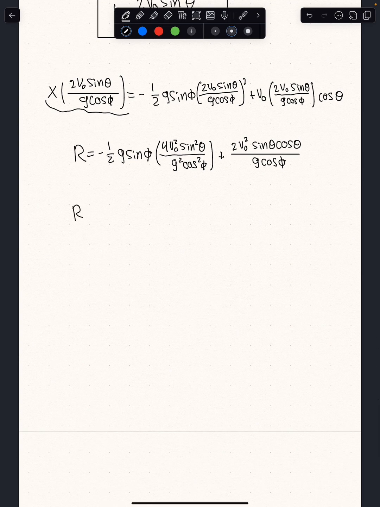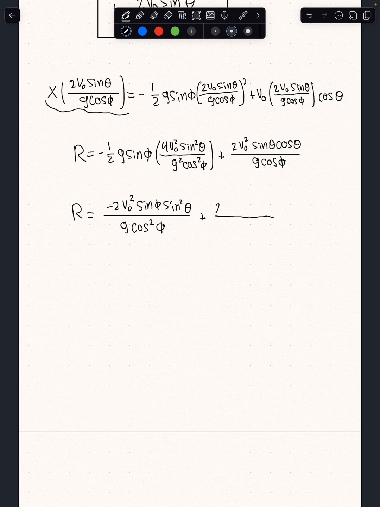Okay, simplifying, R is going to be equal to this term, multiplying this stuff in, negative 2 v naught squared sine phi sine squared theta over g cosine squared phi, plus this stuff that we already have, 2 v naught squared sine theta cosine theta over g cos phi.